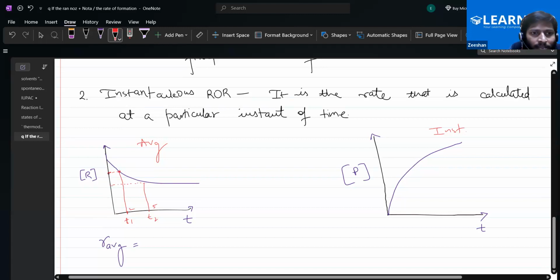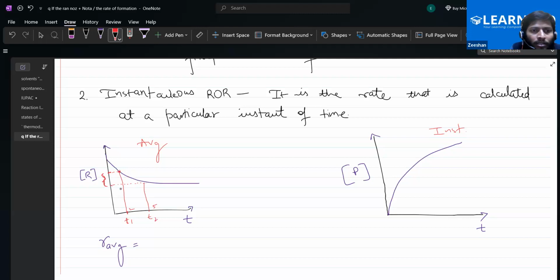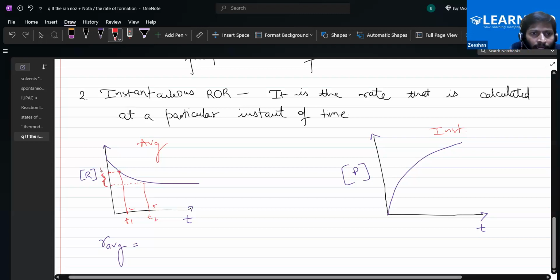This value has been decreased from this to this. No problem. So we can say this is the reactant at the initial position, and this is the reactant at the final position.